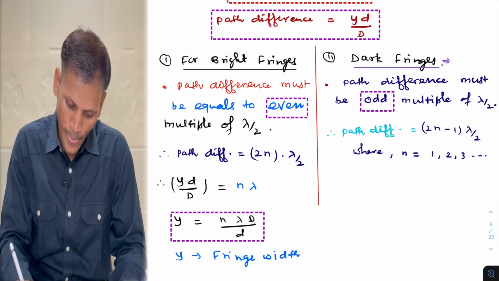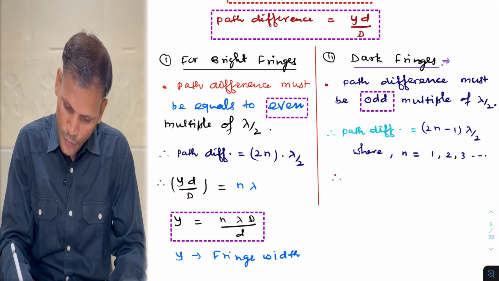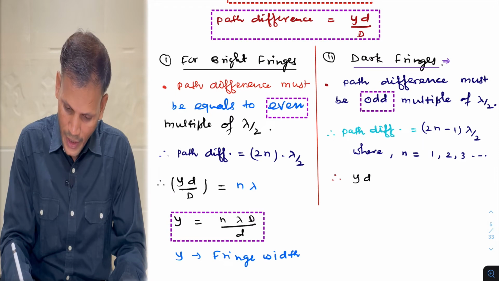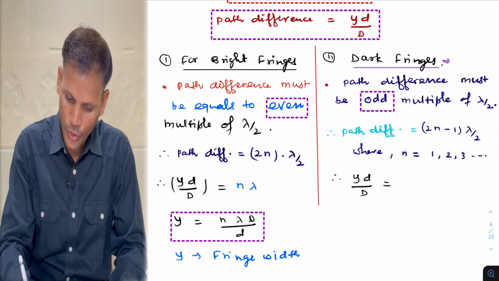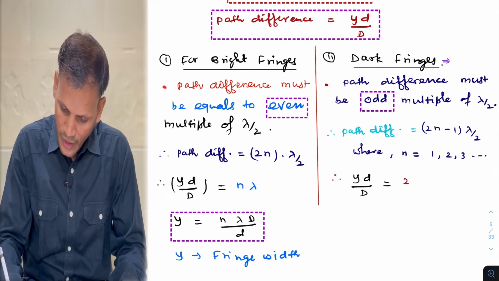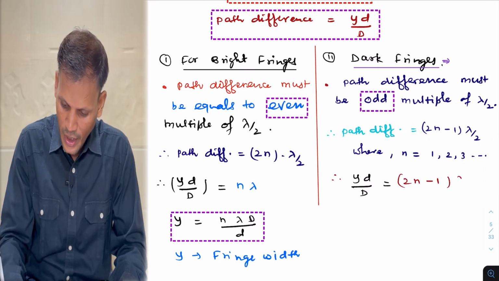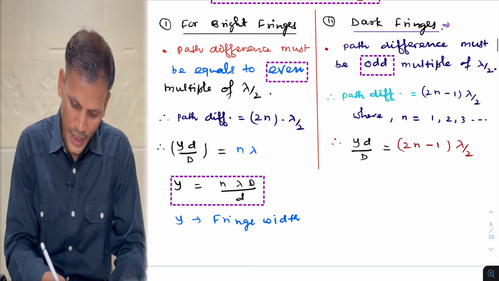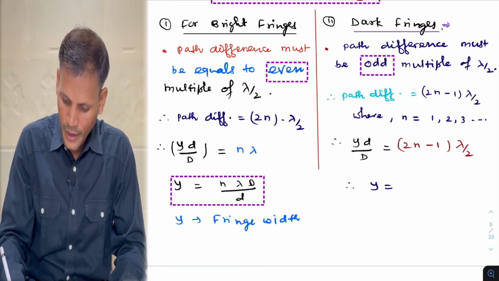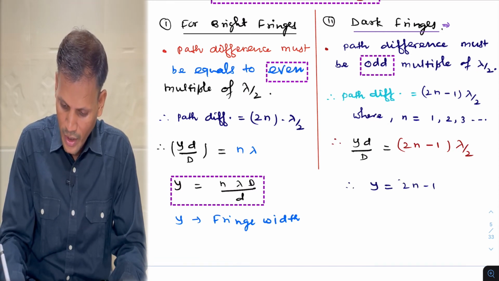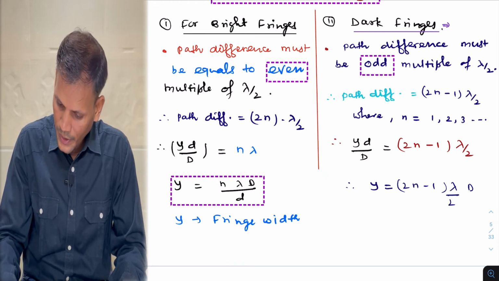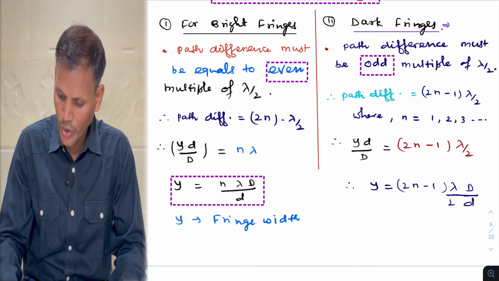Therefore, again, path difference is yd by D. So yd by capital D is equal to an odd multiple of lambda by 2, which is 2n minus 1 into lambda by 2. So y is to be calculated: y will be 2n minus 1 into lambda by 2 into capital D by small d.